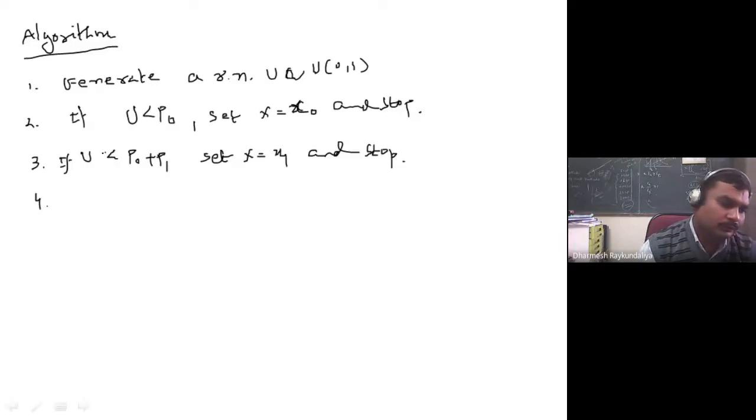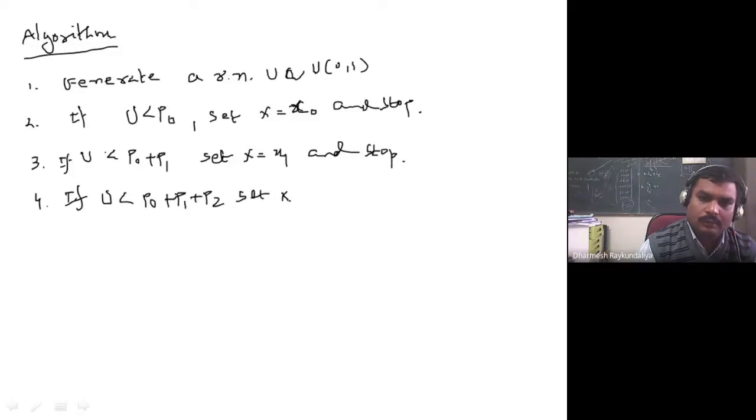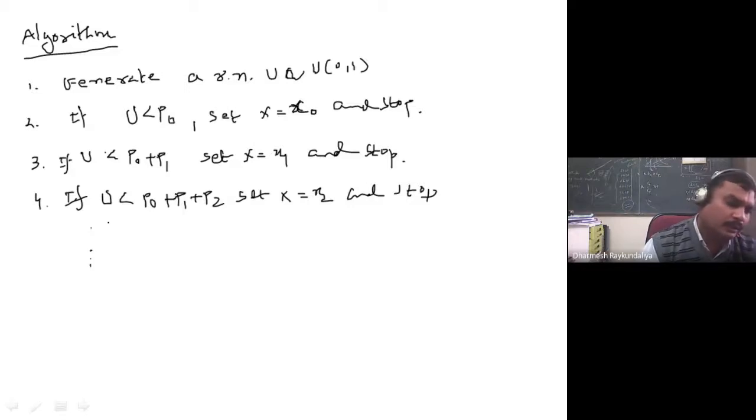Fourth, if u is less than p0 plus p1 plus p2, set x equal to x2 and stop. So likewise you have to repeat the procedure to generate the random numbers. Is that okay?